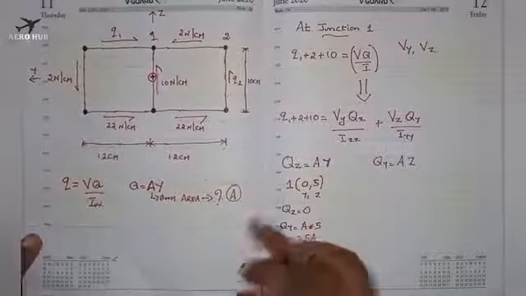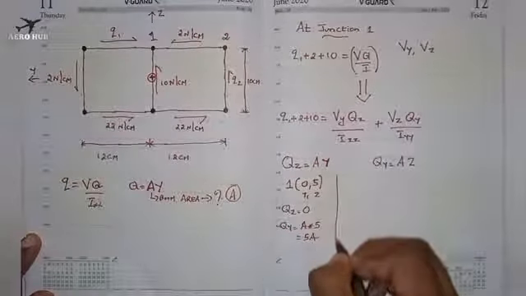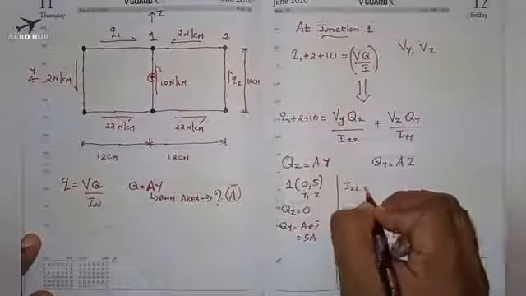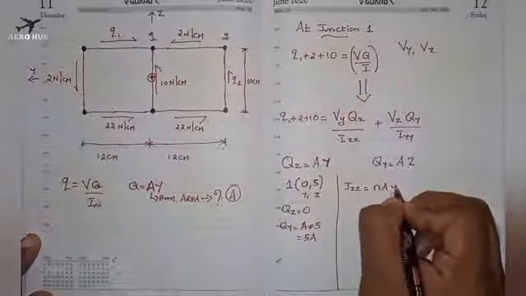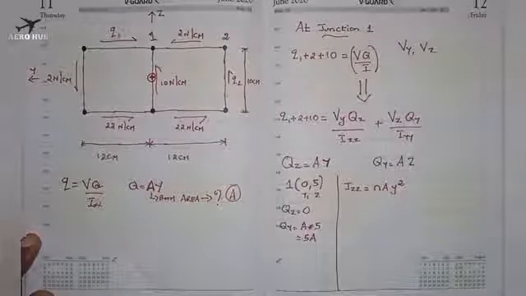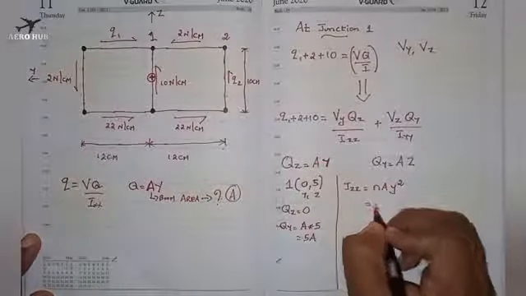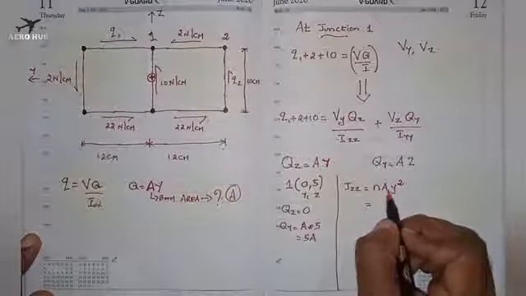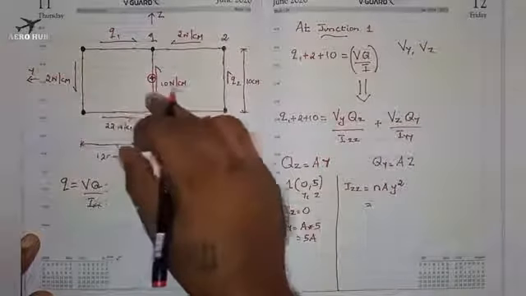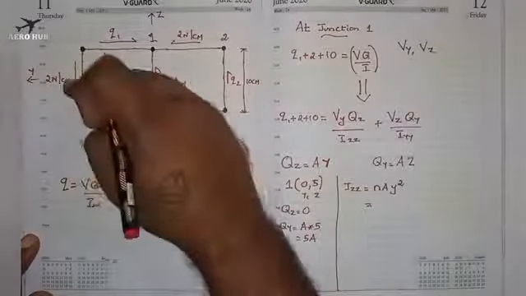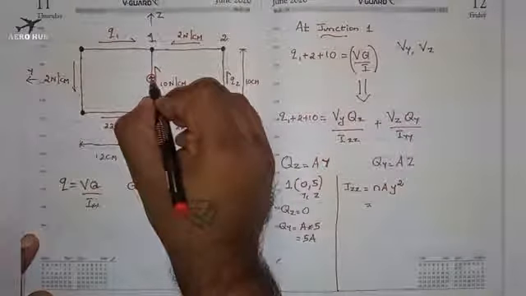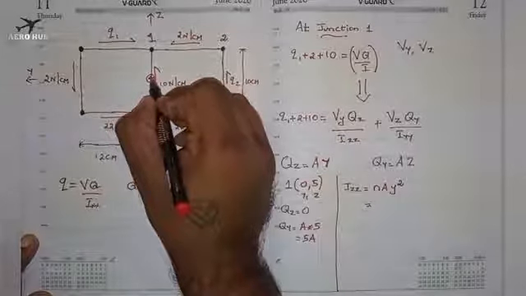Now we will find the value of Izz, that is equal to n into A y square, where n is the number of boom areas. Y is the distance from the centroid.